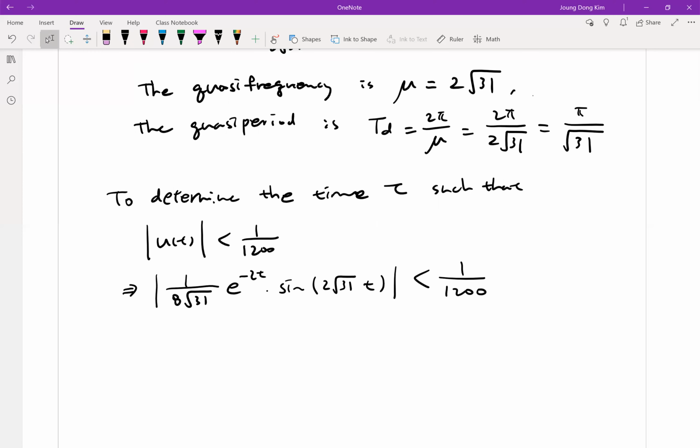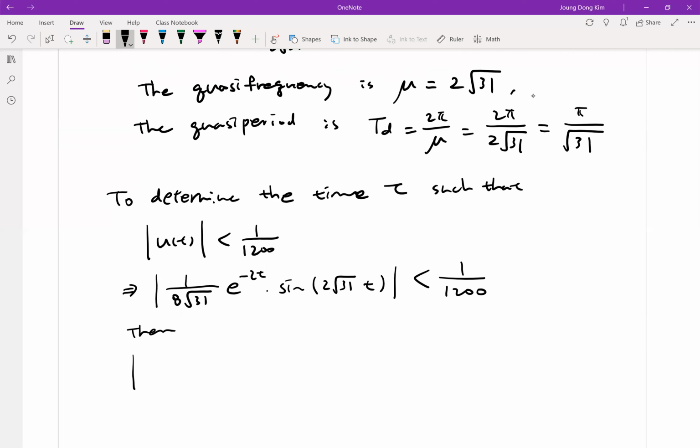So this one is not easy to solve exactly, okay? But think about it. We have a sine function. We know the range of sine, right? Which is from -1 to 1. So we can set up this kind of inequality, okay?